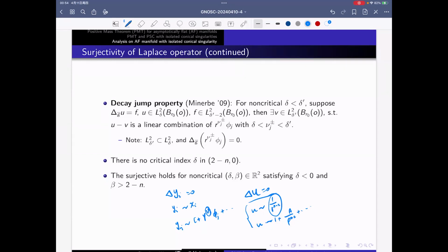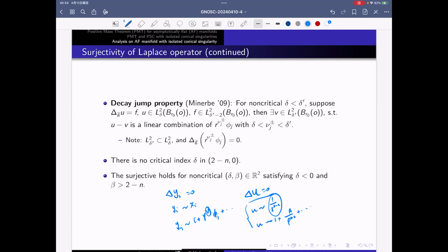Okay, so this is the main ingredient we need in the proof of the positive mass theorem, in the non-spin case. And for the spin case, we extend Witten's argument, right?